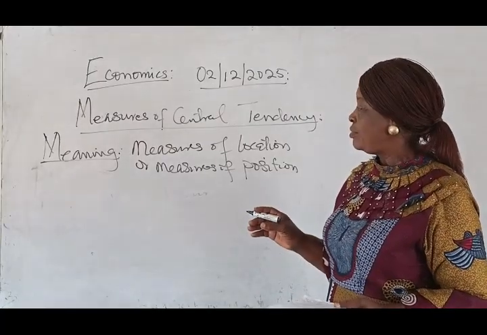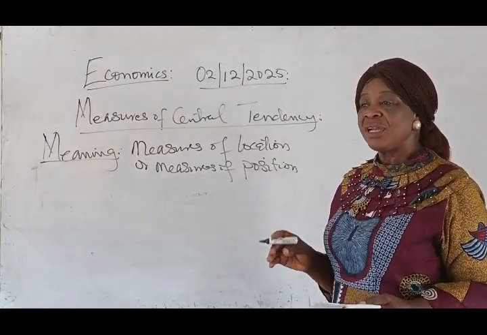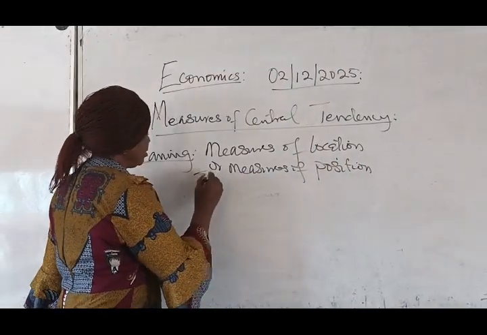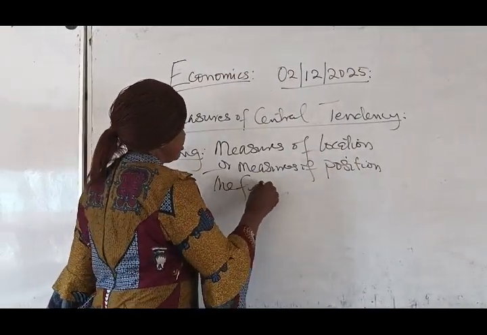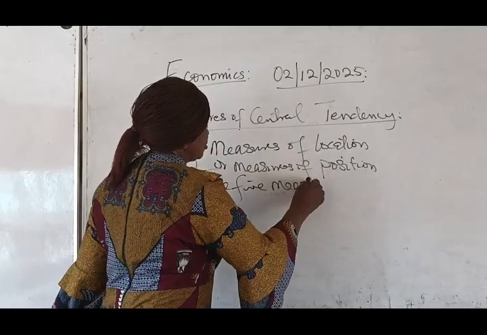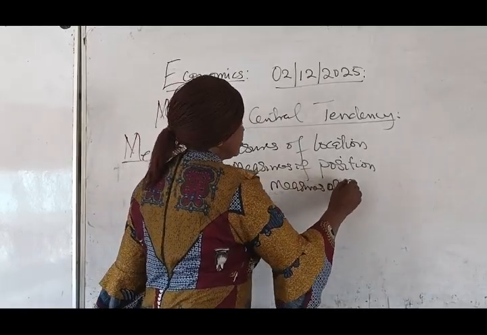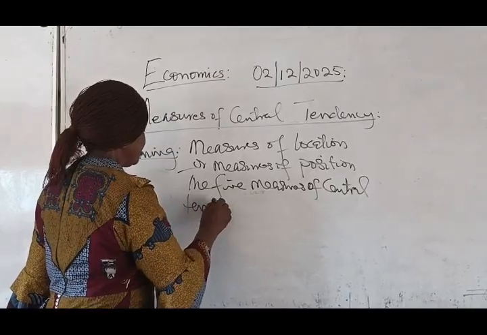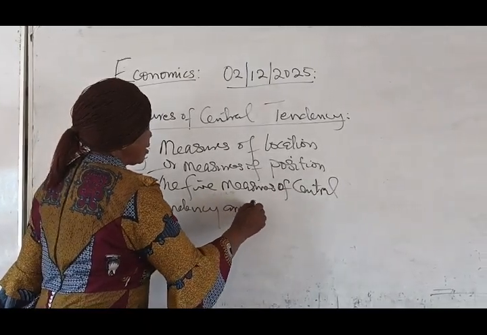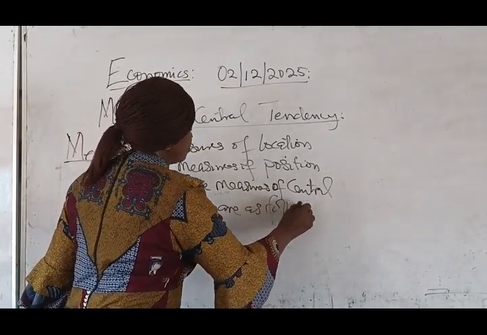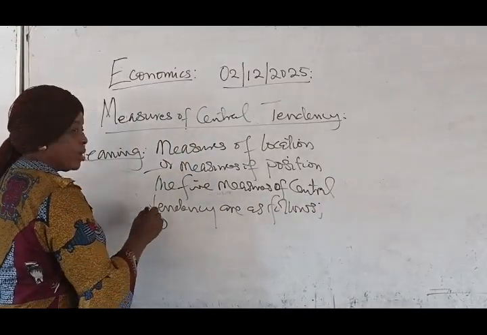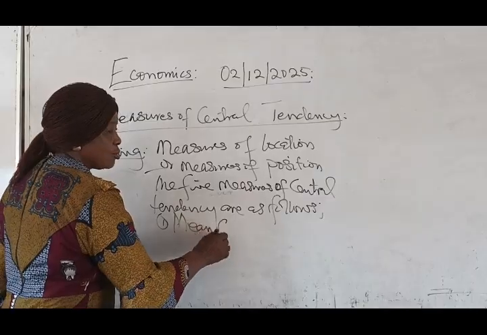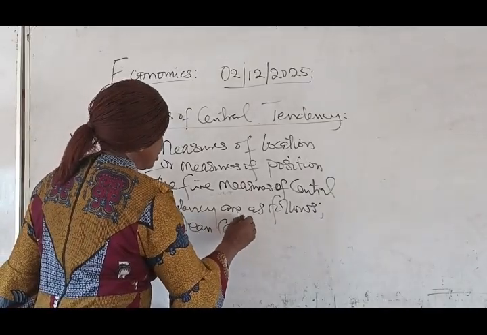So we have the 5 measures of central tendency, as follows. One, we have the mean, which is also called arithmetic mean.